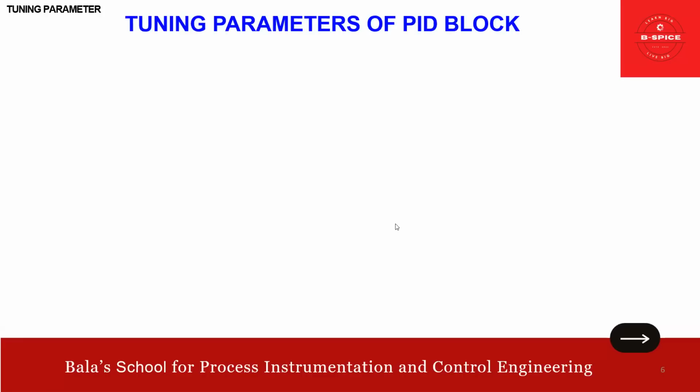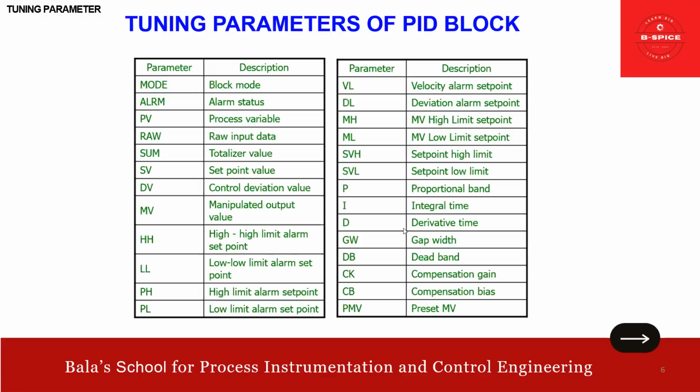So the next one is tuning parameters of the PID block. These are the description: mode, block mode, alarm status, process variable, raw input data, sum, totalizer value, set point value, SV, DV, control deviation, as I highlighted earlier, MV, manipulated output. Then HH, high limit, low limit.